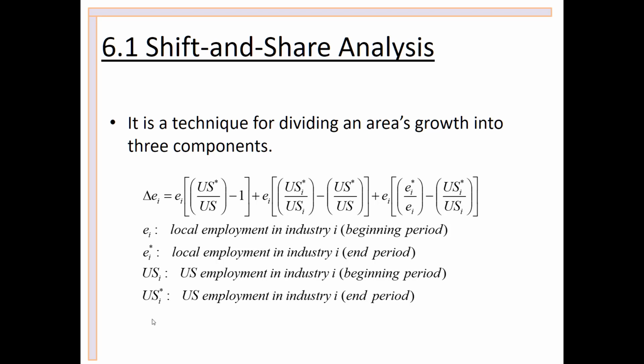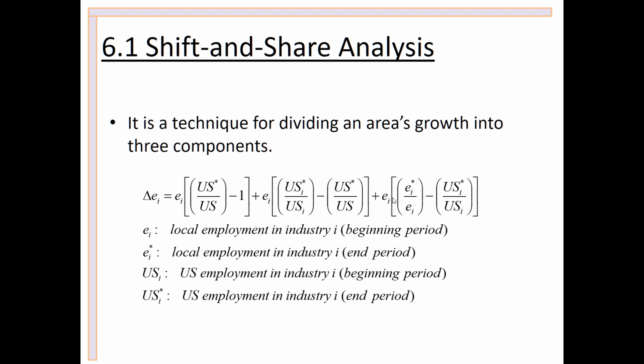So those are the four variables we have here. Little e means local, US means US level, I means the industry such as agriculture or manufacture, and if you don't have any subscript, it means overall levels in the economy.